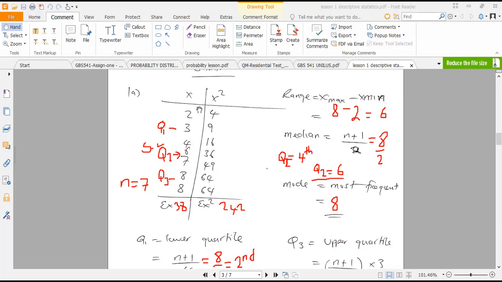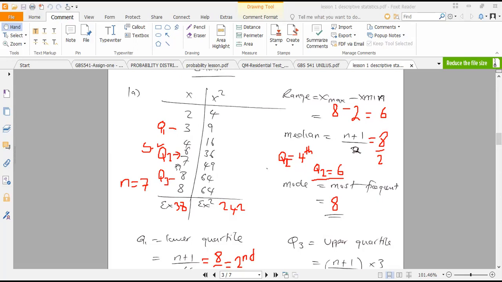The median is simply the middle value. Our sample size n is 7. You can manually do this by crossing out, crossing out, crossing out until you find yourself with the middle value, which is 6.